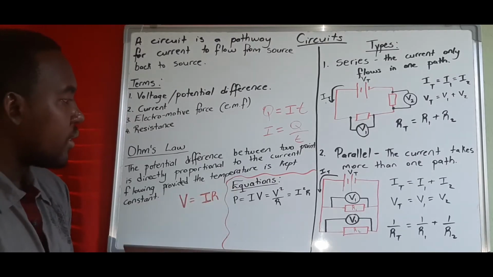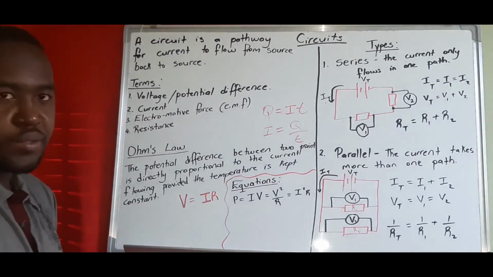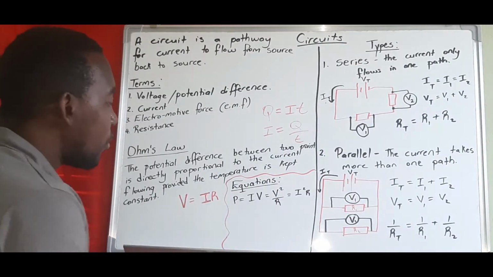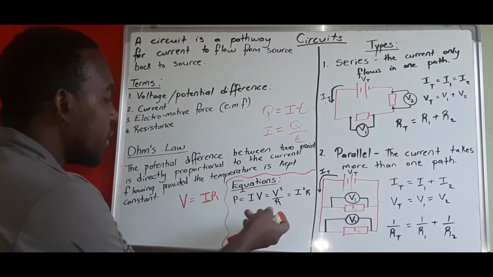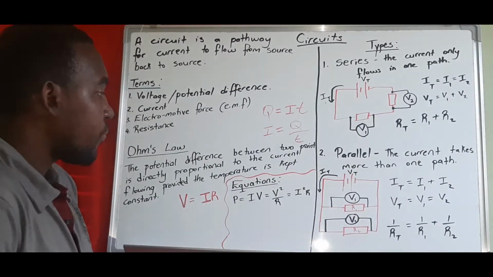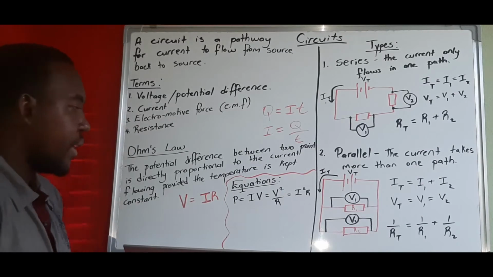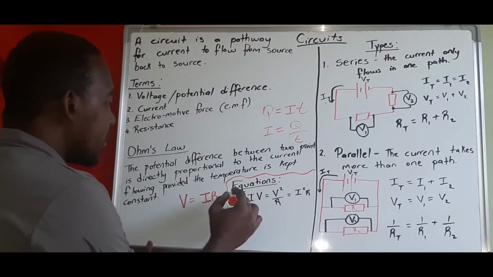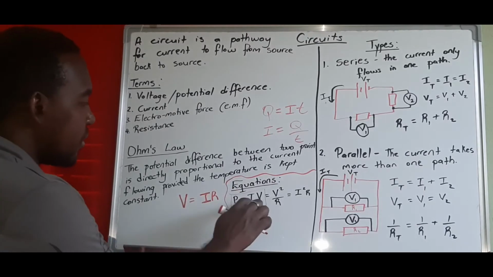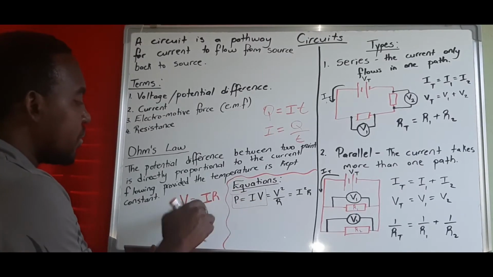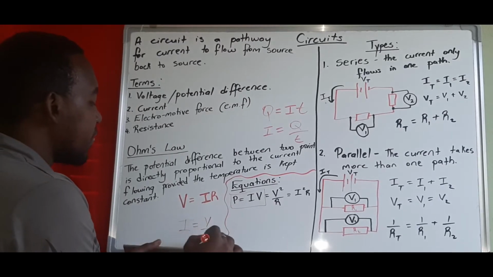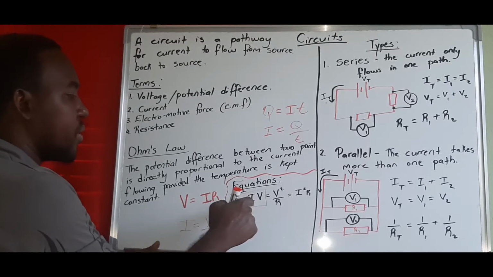Now the equations that you will use as well would be power is equal to current times voltage, or power is equal to voltage squared over R, or power is equal to current squared times R, right? So all we did was make current the subject, which is current is equal to V over R, and we substituted where current is.